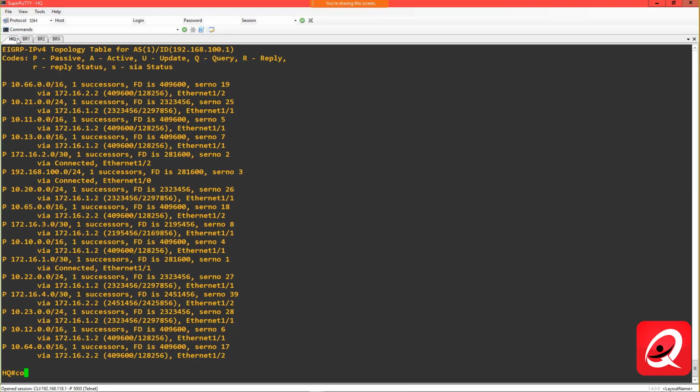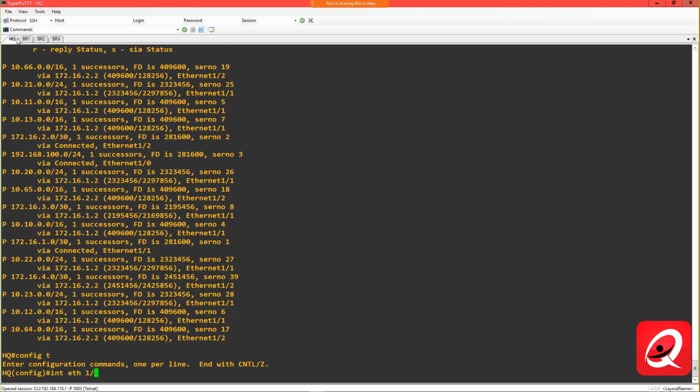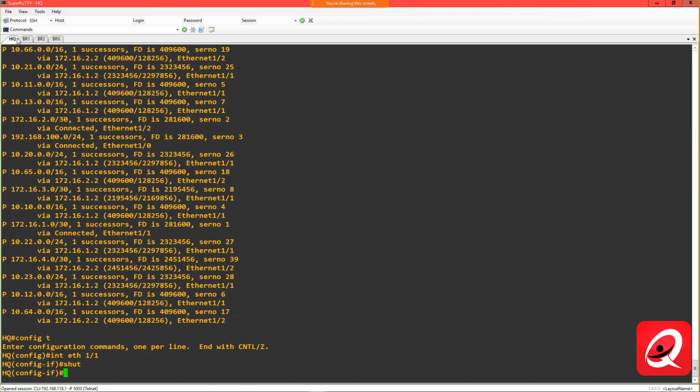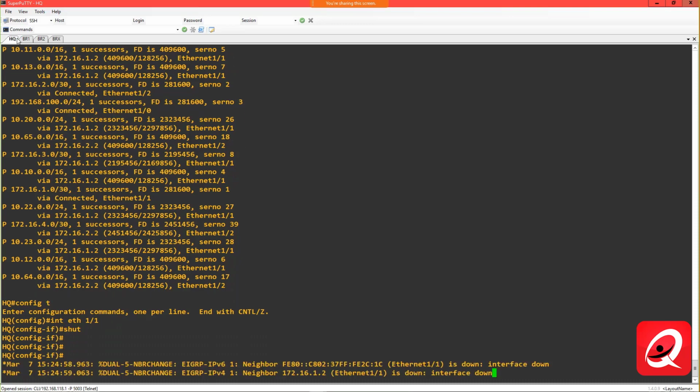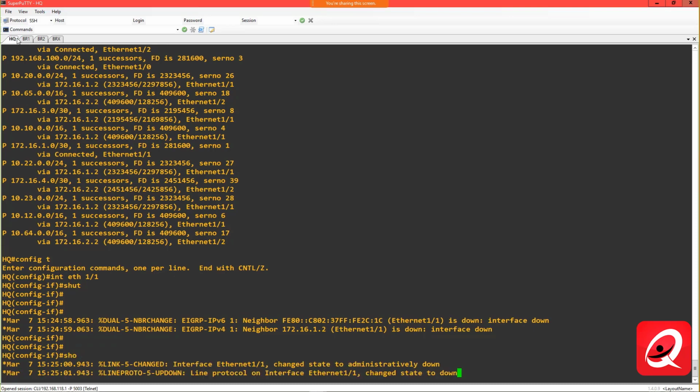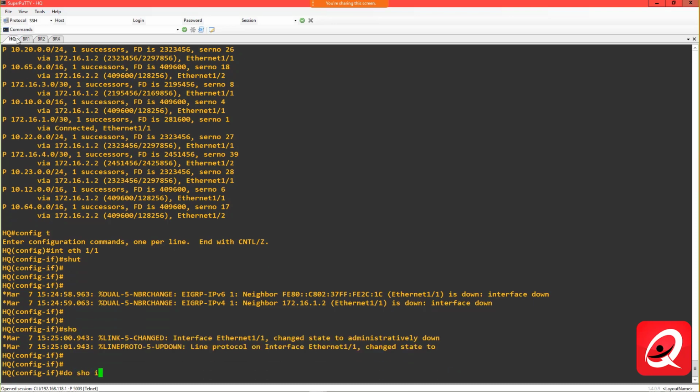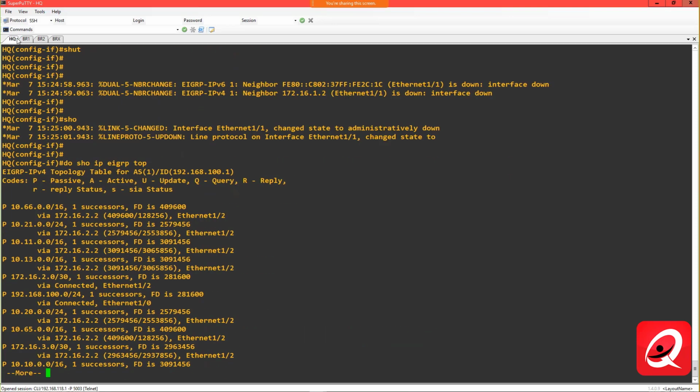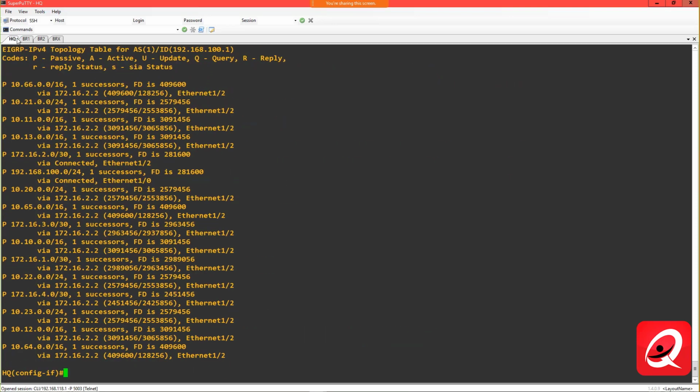Let me try something here. Interface Ethernet 1.1, we're going to shut that down. Do show IP EIGRP topology. That's weird. So it actually is a valid path.